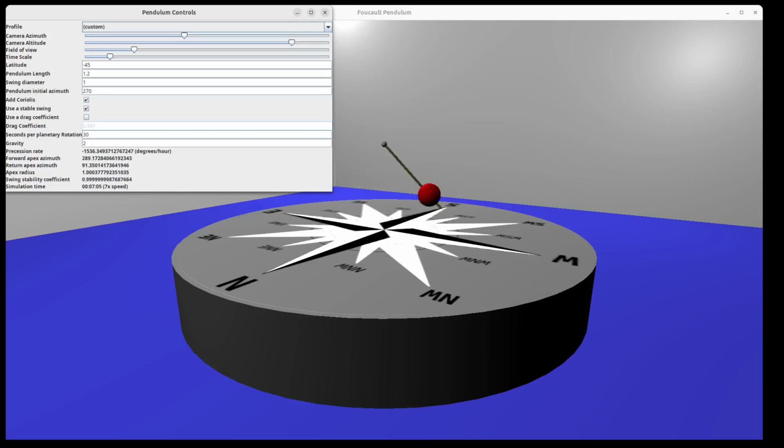And I thought, what better way to celebrate the topic by simulating what the first Foucault's pendulum demonstrated. So with that, I'm going to play a recreation of the Foucault's pendulum at the Panthéon in Paris, and I'm going to play it at 30 times speed.